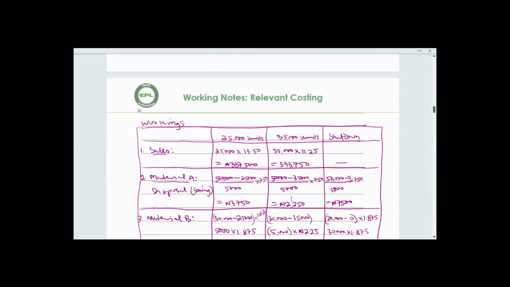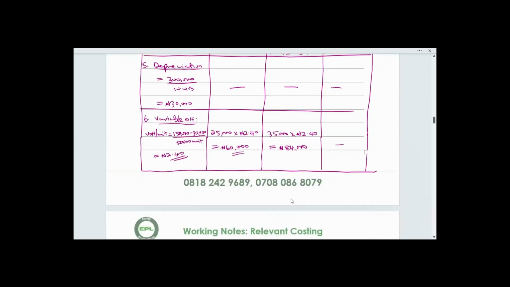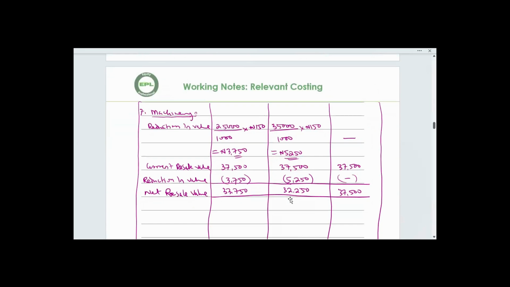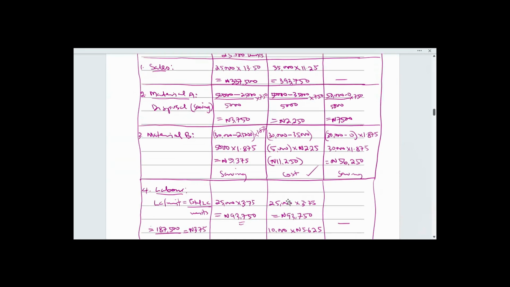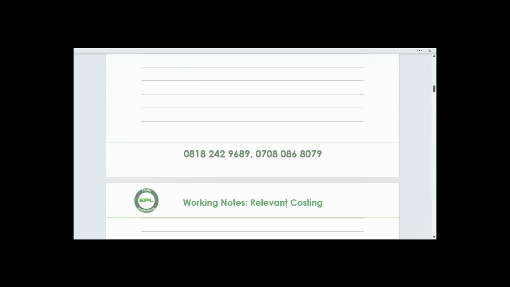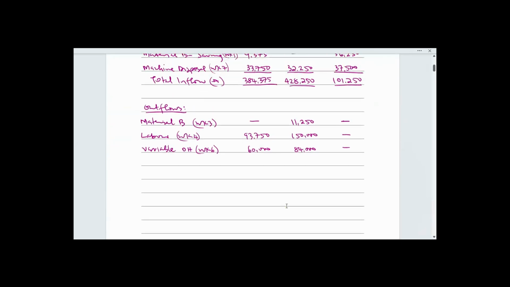Next item, that's working number 7. We have already accounted for working number 7, which is the received value. There are additional costs in the question that we have not accounted for. So let's go and pick them. Number 1, we have factory manager salary, 30,000 each.